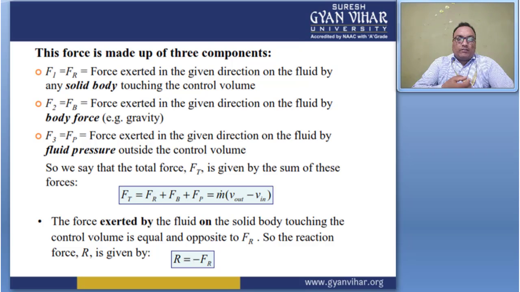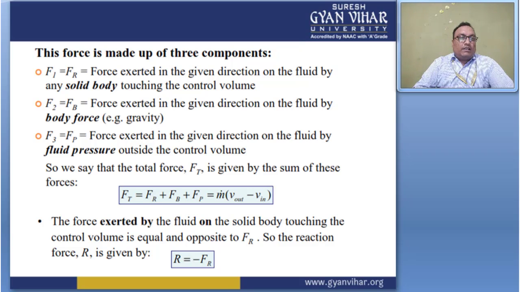Gravity effect means if I consider any fluid at section 1 and 2, it contains some mass. If fluid has a mass, then the gravity force also acts here. So this gravity force attracts in the downward direction.